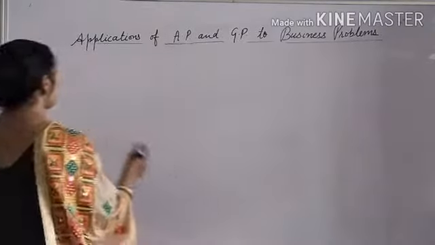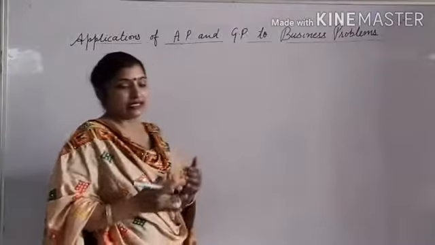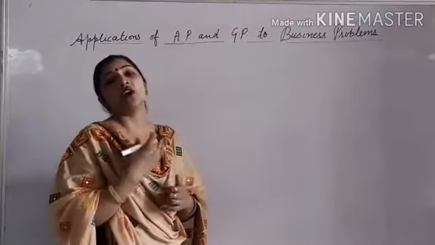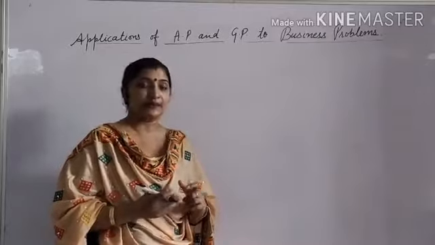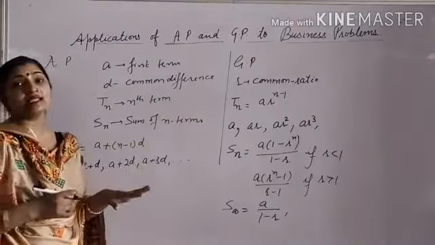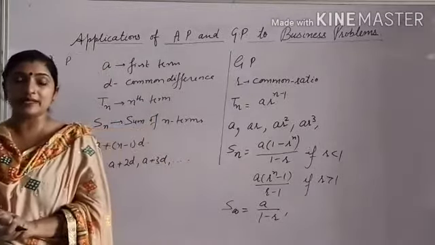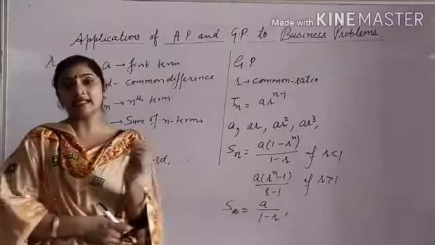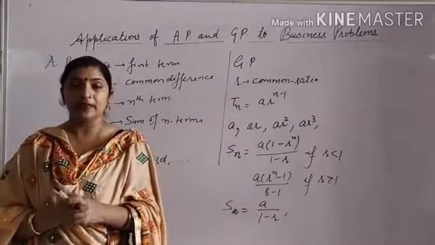In an arithmetic progression, the terms increase or decrease by a constant difference. These are the formulas which we will be using to discuss some problems of business mathematics. So let's try some problems based upon AP and GP.